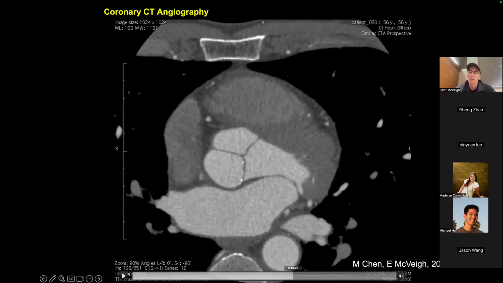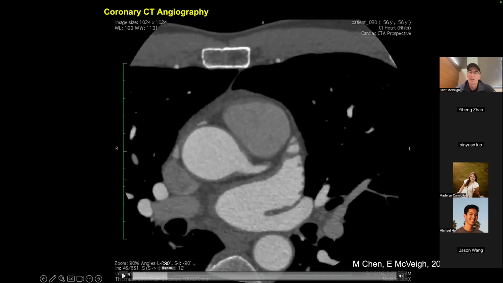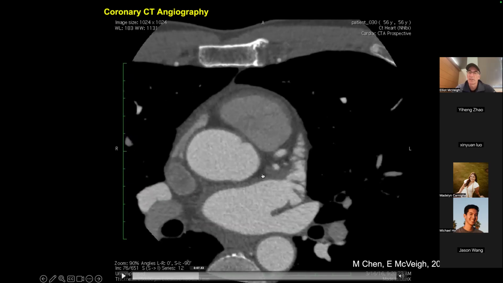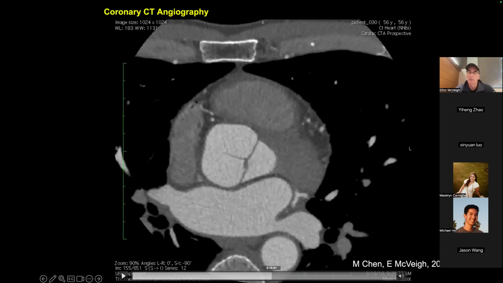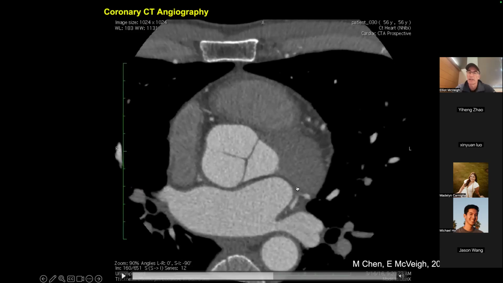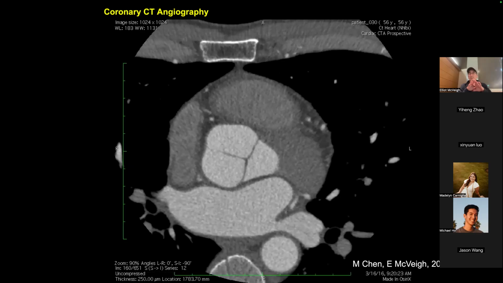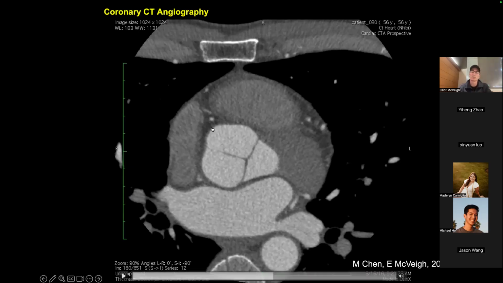What left dominant means is that this vessel, this one here, is going to go around the back of the heart. So we'll watch it, see it shoot back around here underneath the left atrium, and it's going to the back wall of the heart. That vessel is primarily how the back wall of the left ventricle is going to be perfused, as opposed to this one, which is too bad, right?